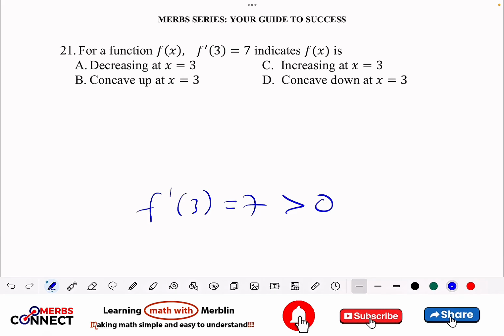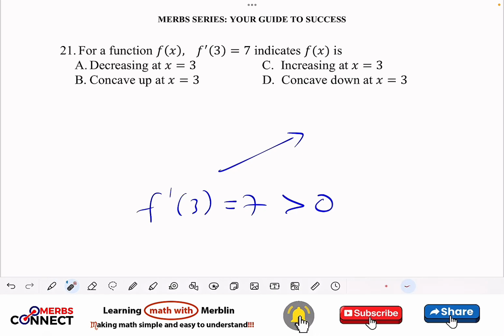So it means that basically the function is increasing like this at 3. So decreasing, no, because this is positive. Concave up. And then when it is positive 2, we have concave down, right? So pay attention to that. So this one is out, this one too is out.